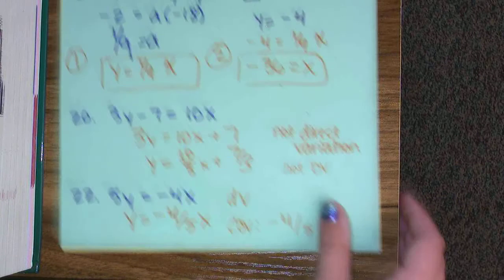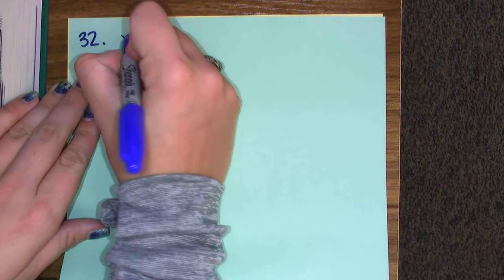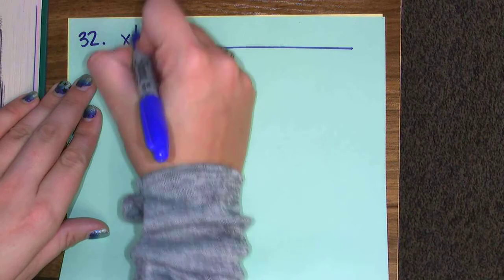So let's look at some really quick and see if we can determine if it is direct variation or not. And you don't have to copy the table for these ones in your homework. I'm just going to do it so that y'all can see it really quick while we're going over them.